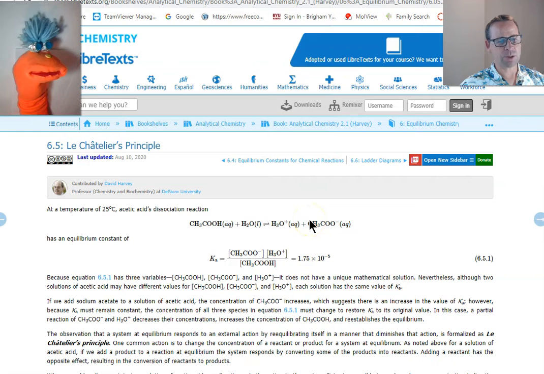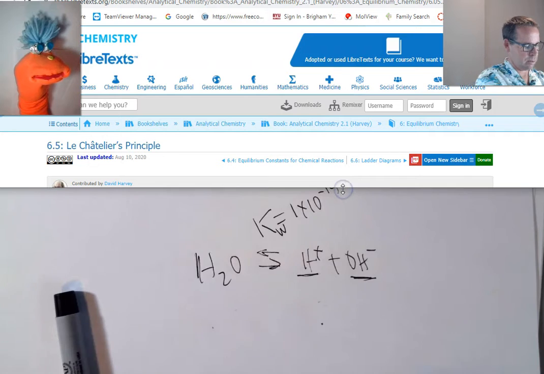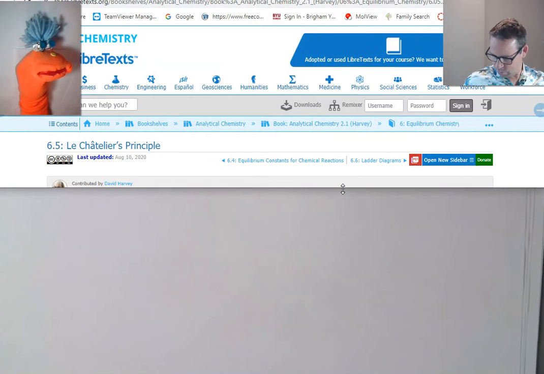Le Chatelier's principle essentially says that if you add reactant or remove product or somehow perturb the equilibrium. And now there's multiple ways, because if I have a chemical reaction that is exothermic in nature, right?